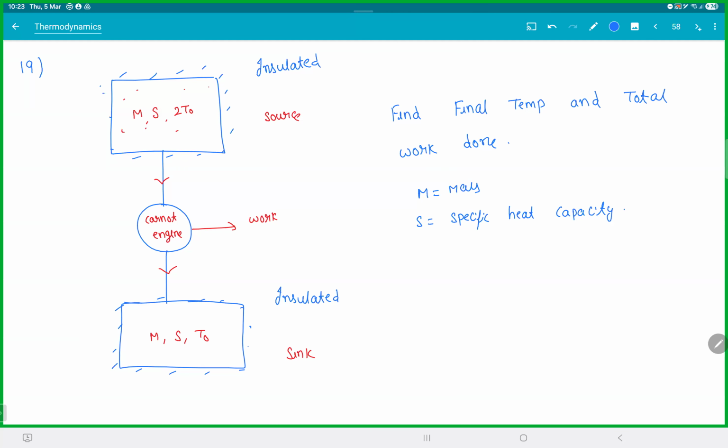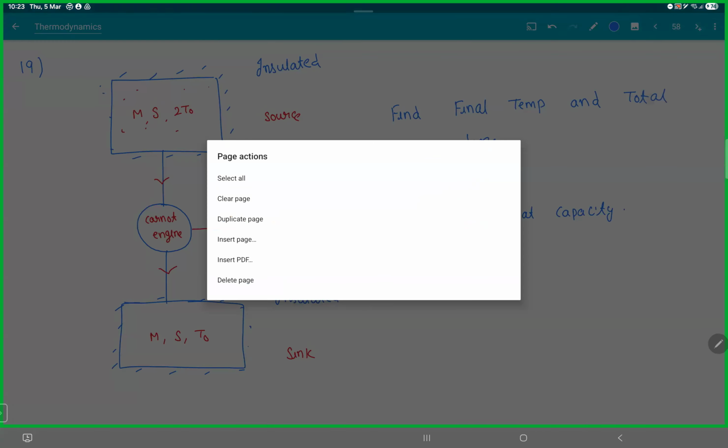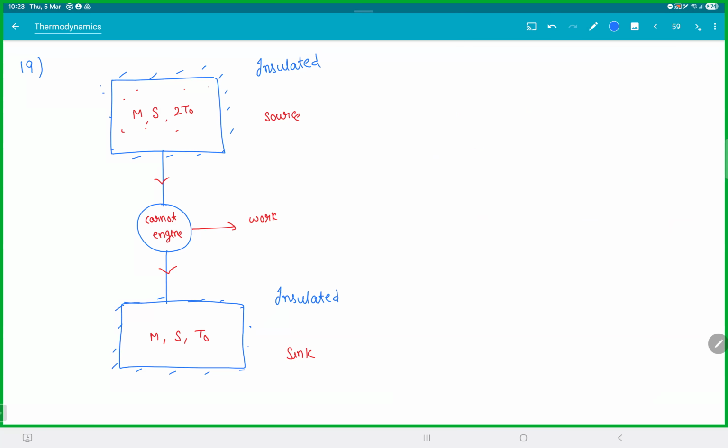Let's see. Now, as you are giving out heat, the temperatures will not remain constant. Let the temperatures be T1 and T2. In this process, let dq1 heat be taken from the source and dq2 heat be rejected to the sink, and you get a small work dW.